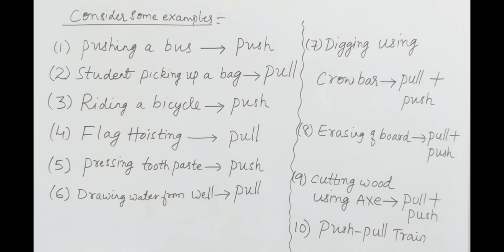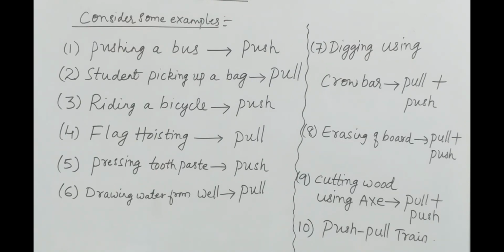The fifth one is pressing a toothpaste, which we call a push. And the sixth is drawing water from the well. How many of you have this experience of drawing water? I think most of you don't, but in this activity we are exerting a force towards ourselves, and that we call a pull. So these are some of the examples for push and pull.